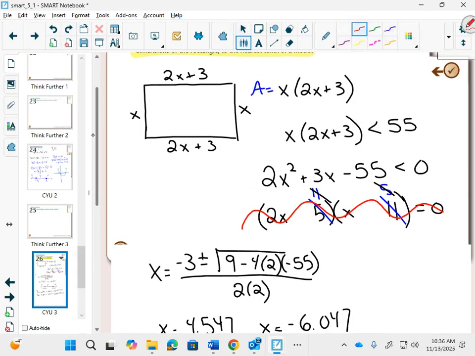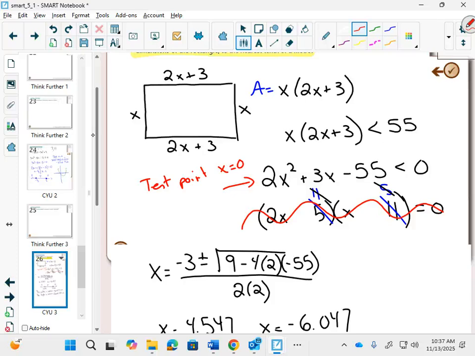Question? Why is the middle true for this one? Here is our equation. I did a test point of x equal to 0. 0 plus 0 minus 55. Is that less than 0? Yes. True. So since one test point is true, that entire middle section will be true.